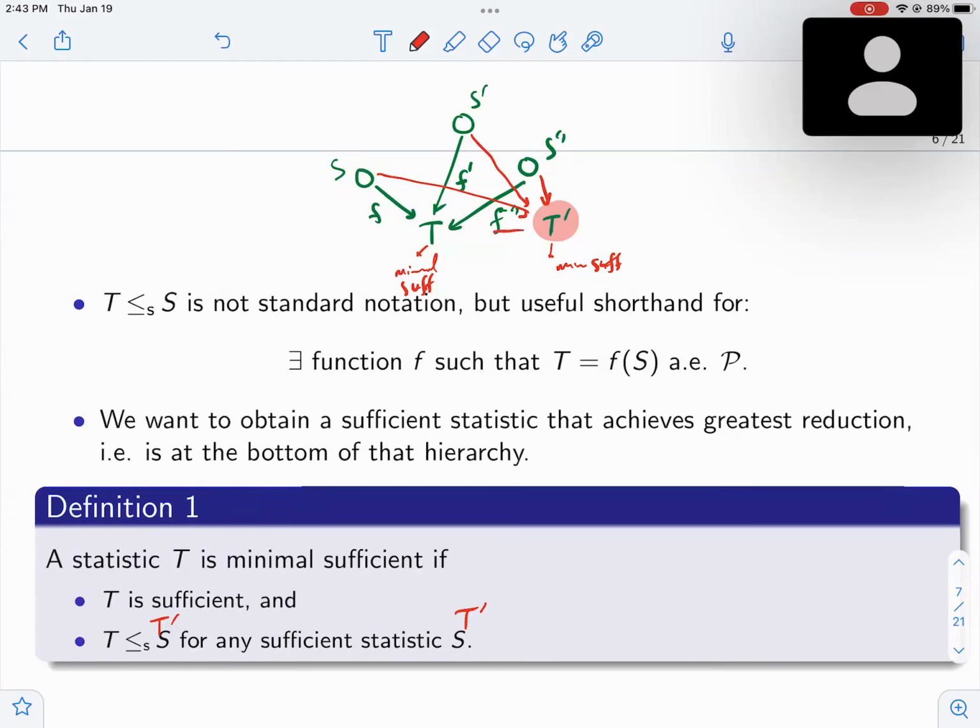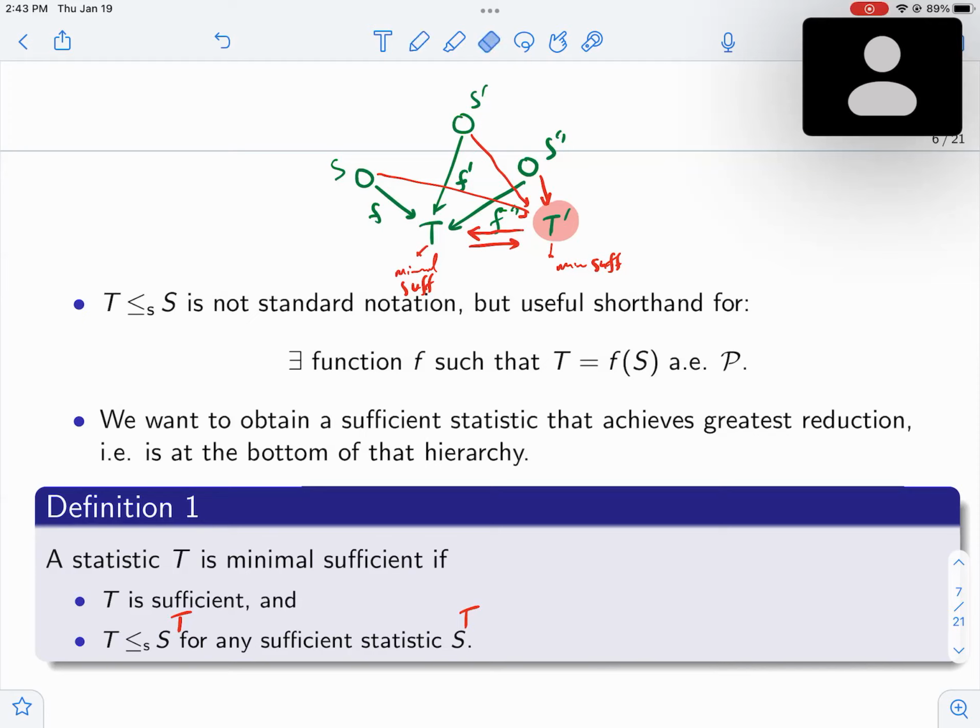So there is this function here that maps t prime back to this. In the other direction, because t prime is minimal sufficient and t also is sufficient, I can say that t prime is less than or equal to t, I can take t here. And so there should be a mapping this way. Just think a little bit about this.